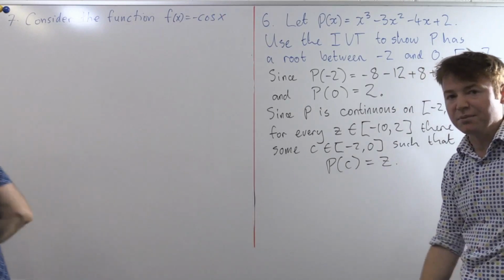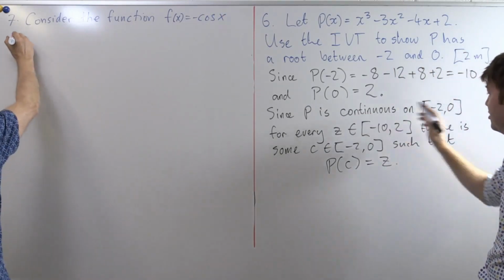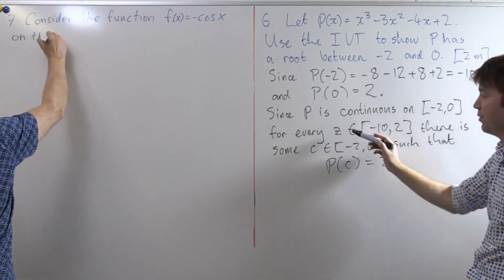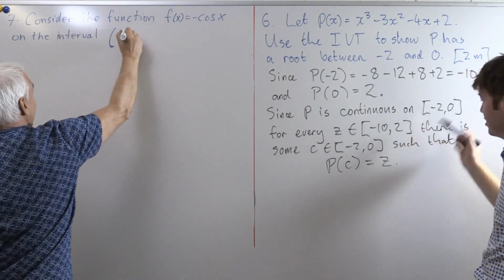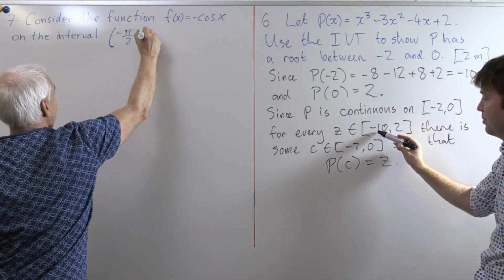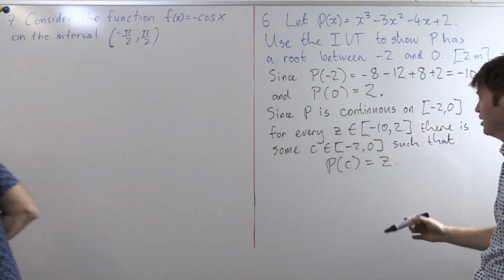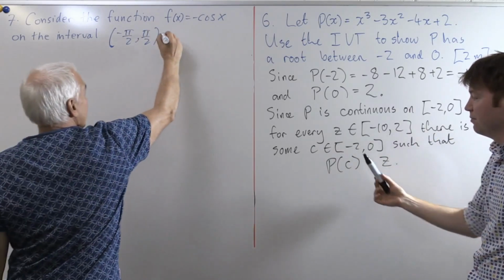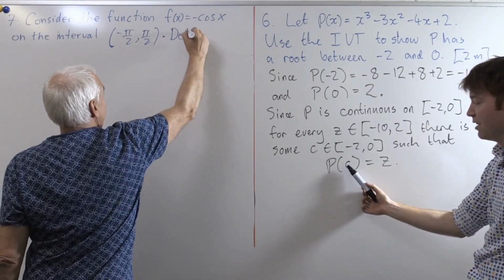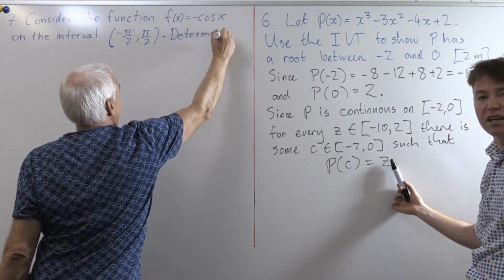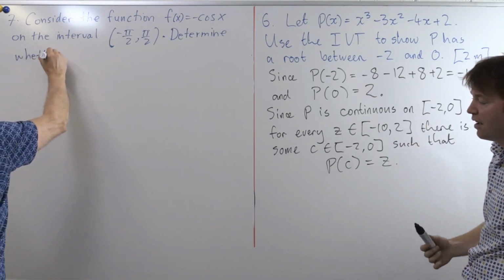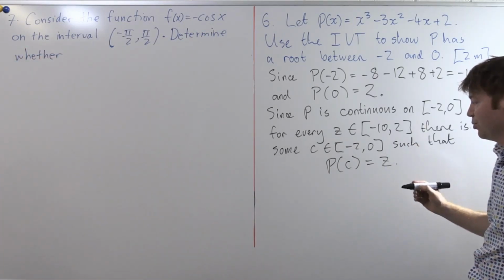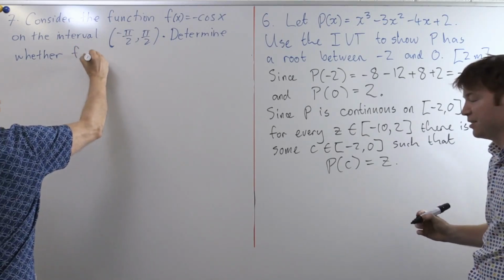This is pretty much what the intermediate value theorem tells you. So we've got a continuous function, we've got this interval. For every z in the range of the function restricted to this interval, so the z values can be between -10 and 2, there is some value in the domain such that p of that value, p of c, is equal to that z. So I can pick z to be equal to -9.8, or -8.2, or in our particular case, I pick z to be 0.